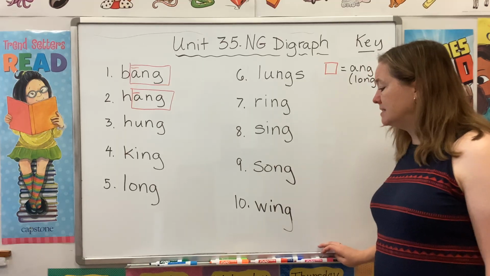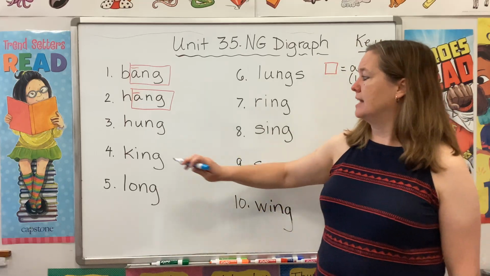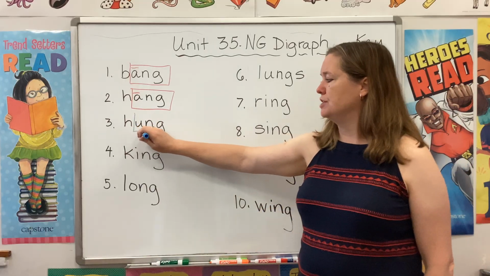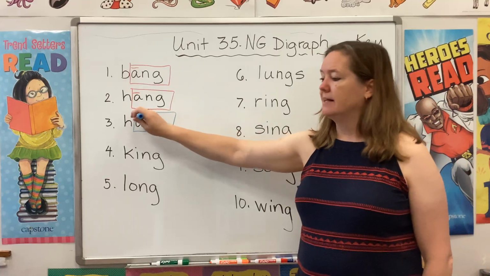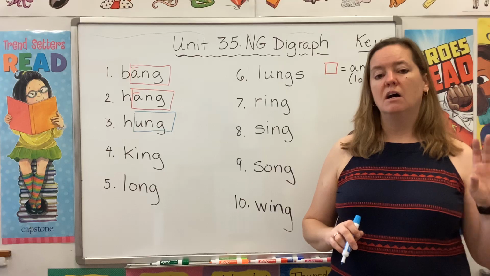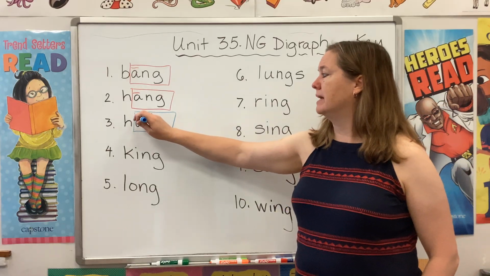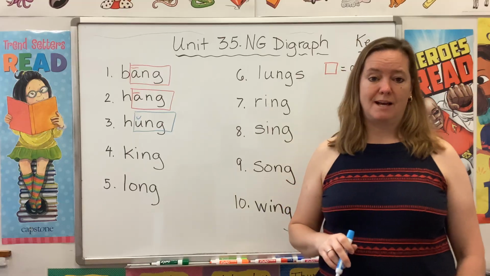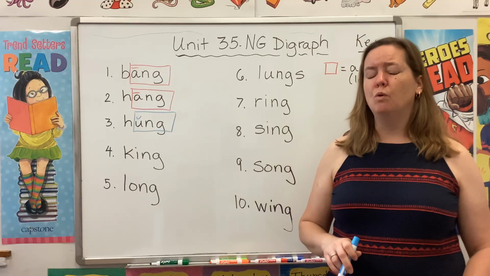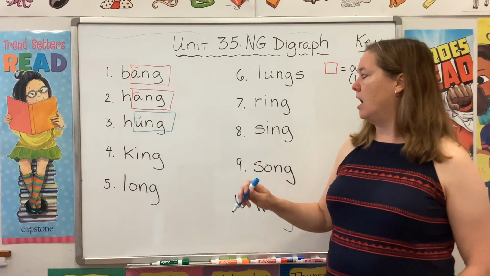All right, let's choose a second color. And this time, I want to draw your attention to the UNG pattern. We see that at the end of the word hung. Notice this time the U is making a short vowel sound. It doesn't say oo or yoo, it says uh: hung.